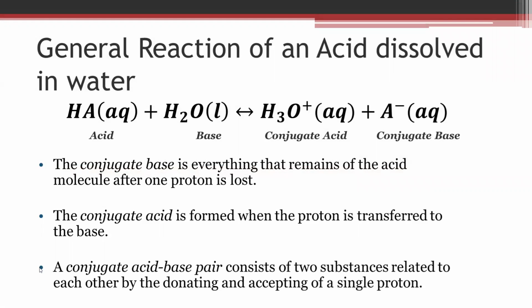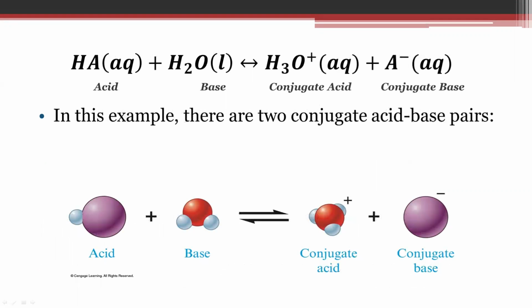So we have what are called conjugate acid-base pairs, which contain two substances that are related to each other by the difference of a proton, okay? For this example, the acid goes with the conjugate base, and the water, the base, goes with the conjugate acid.